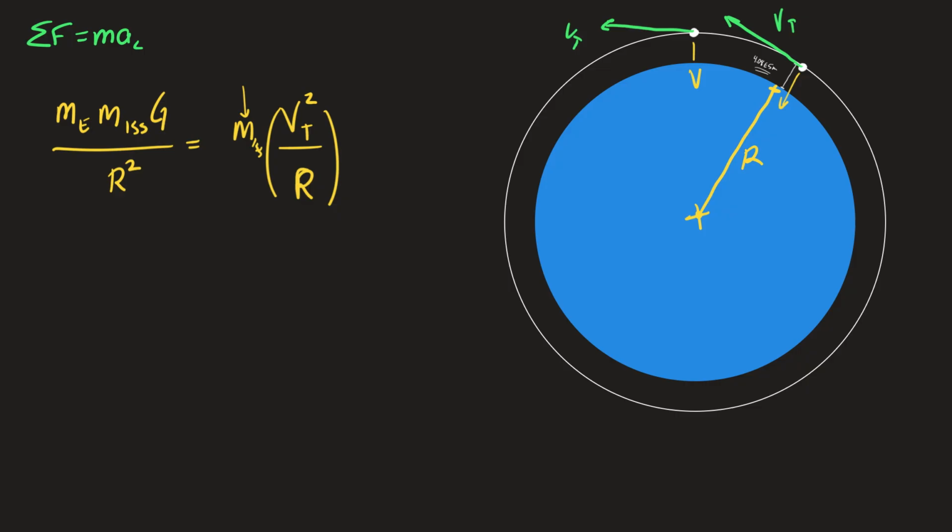So next step, I'm going to cancel out the mass of the ISS. And that's something that's going to happen every single time. So just keep that in mind. Sorry, can you repeat why you switched out little r for big R? Because you have to ask yourself at some point in this problem if the separation distance is the same thing as the radius of curvature.